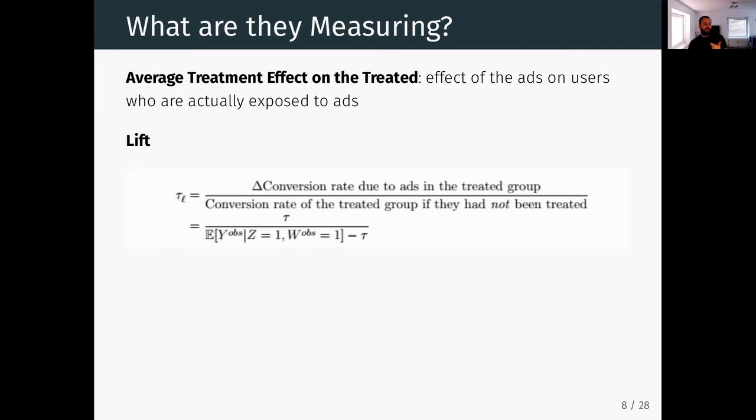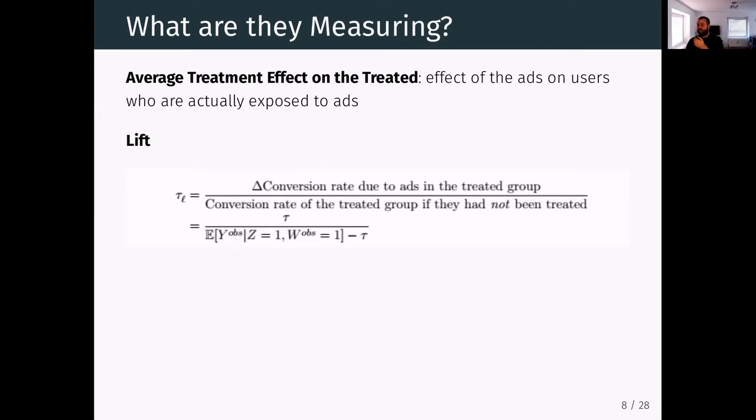And what they're going to measure is something called lift. They call it tau L. It's defined as the change in the conversion rate due to the ad in the treatment group. The change in the conversion rate, being a change in checking out an item, viewing a page, or registering, divided by the conversion rate of the treated group if I had not been treated, right?